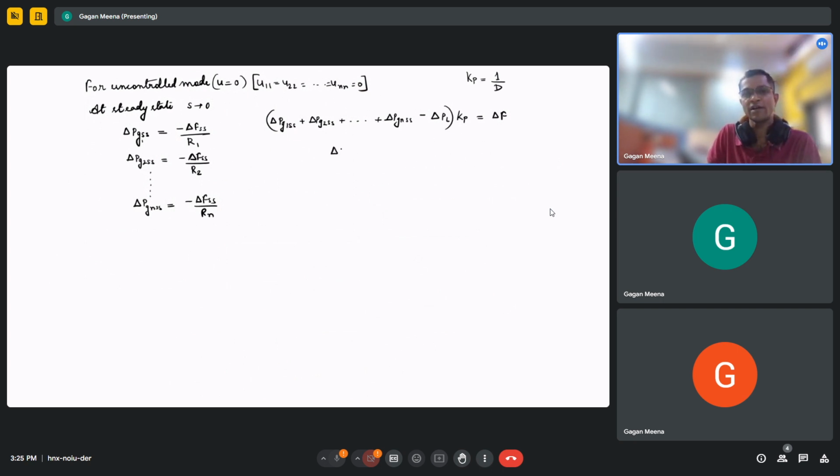So delta F will be, let us write it, minus delta Fss divided by R1 minus delta Fss divided by R2, and so on up to minus delta Fss divided by Rn, minus delta PL is equal to D delta Fss.